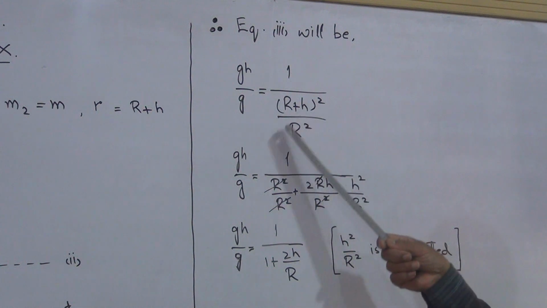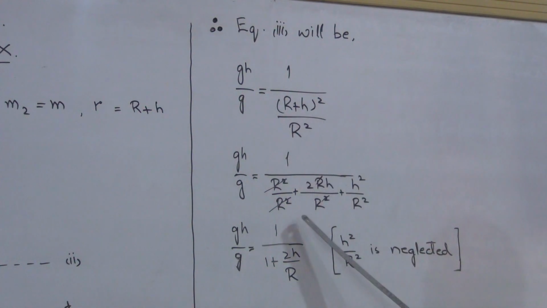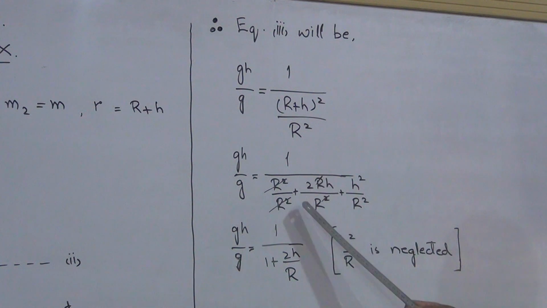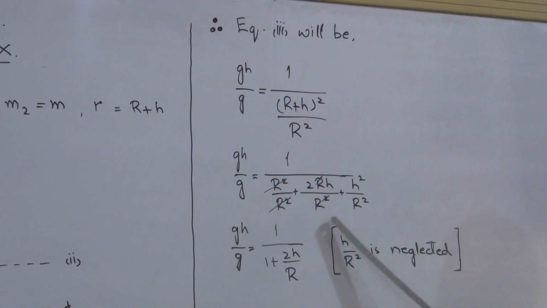This is the common LCM, so we take R square as the denominator. R square cancels with R square, and we are left with 1 upon 1 plus 2h upon R plus h square upon R square. We will neglect h square upon R square because it is very small.